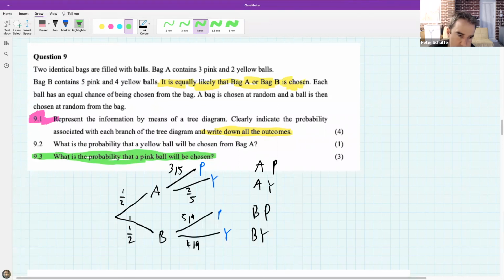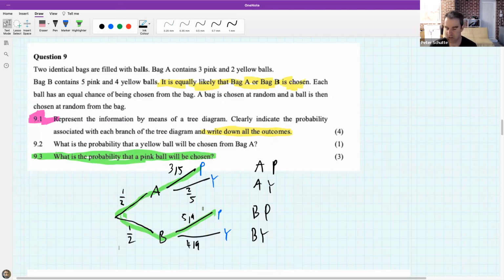So you can get a pink ball going this route or going that route. So you can get a pink ball in bag A, or you can get a pink ball in bag B. Those are the 2.